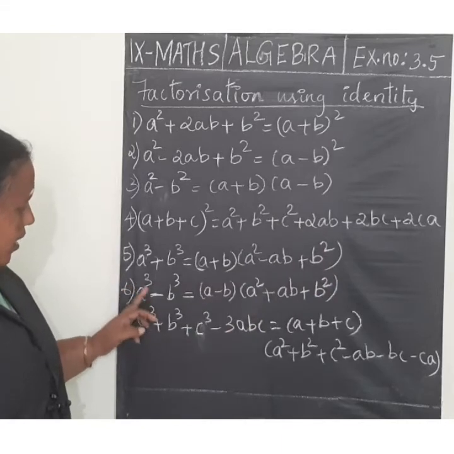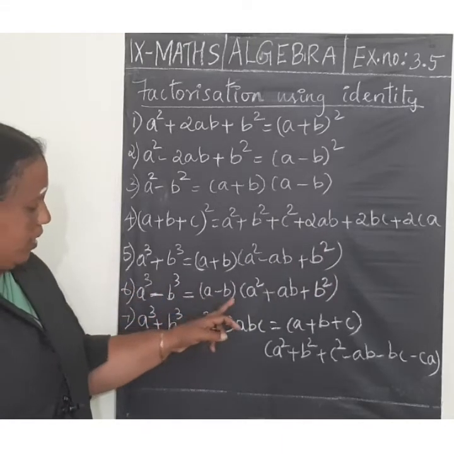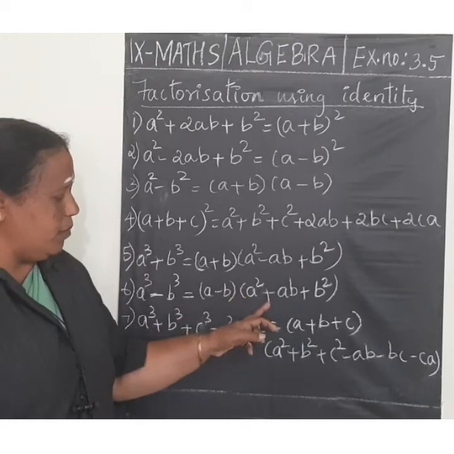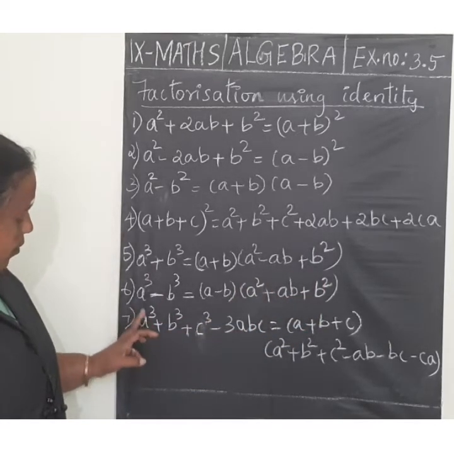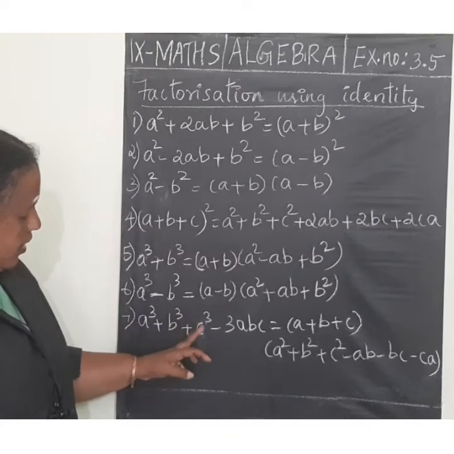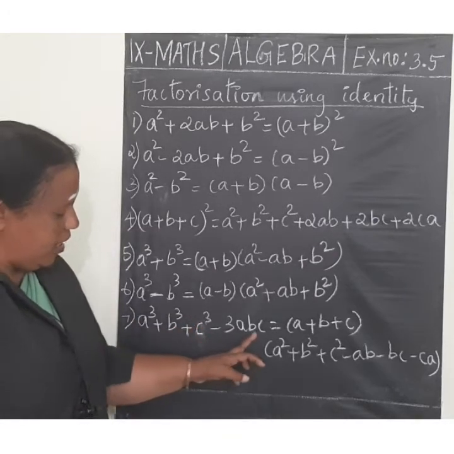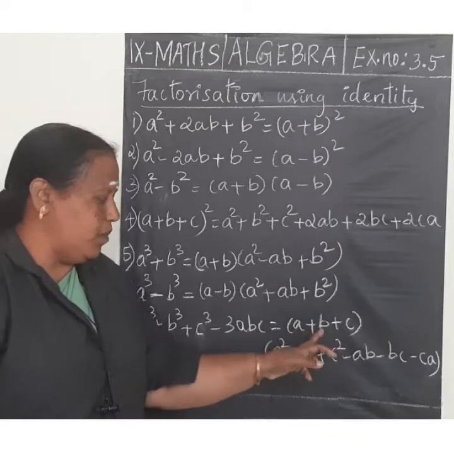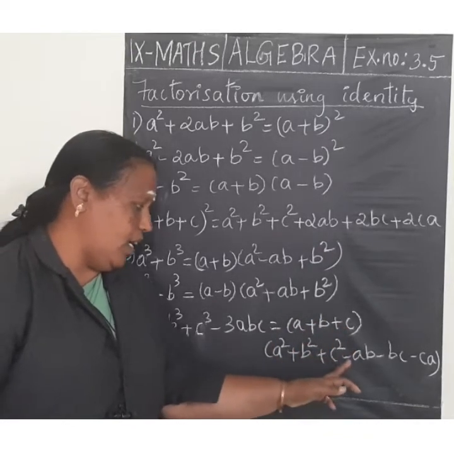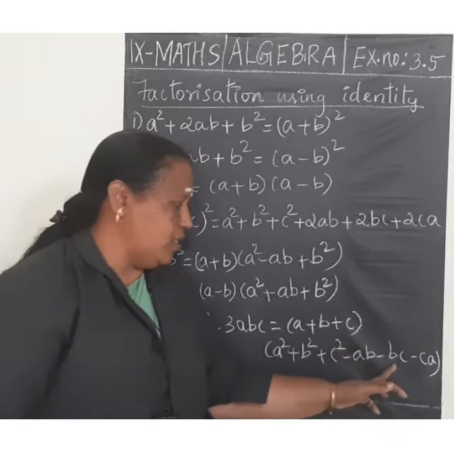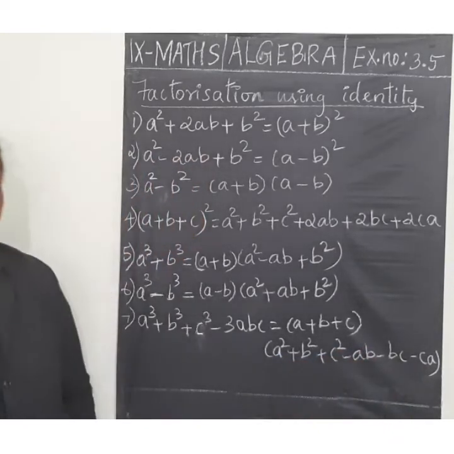Next, a cube minus b cube is equal to a minus b into a square plus ab plus b square. Next, a cube plus b cube plus c cube minus 3abc is equal to a plus b plus c into a square plus b square plus c square minus ab minus bc minus ca.